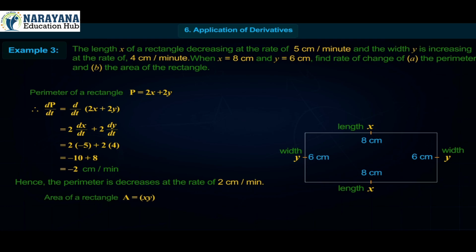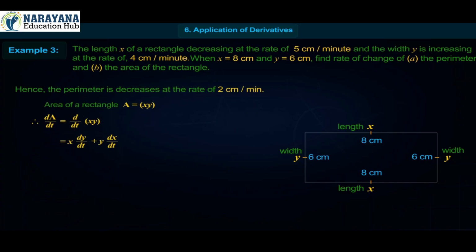Area of a rectangle A is equal to xy. Therefore, dA by dt is equal to d by dt of xy, which is equal to x dy by dt plus y dx by dt. Therefore, dA by dt is equal to 8 into 4 plus 6 into minus 5, because x is equal to 8 centimeter and y is equal to 6 centimeter.